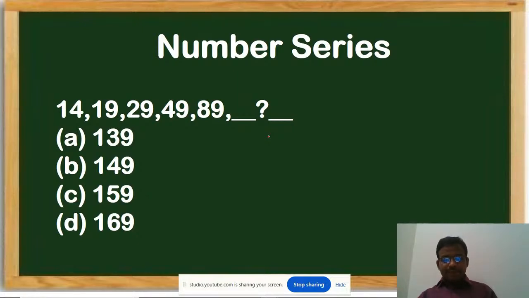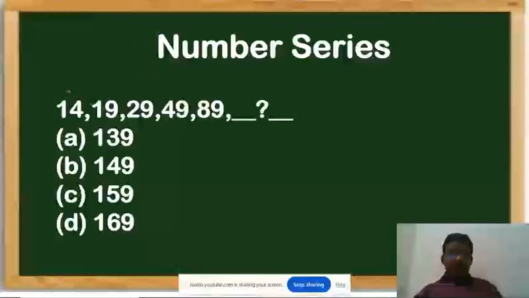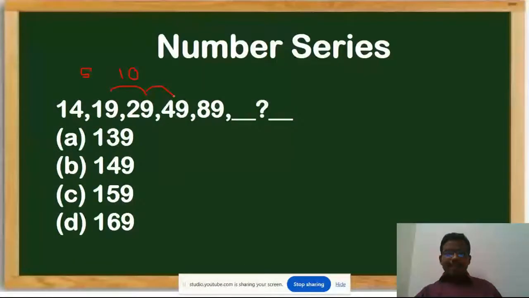For this one, simple one, 14 to 19, 5 is the gap. 19 to 29, 10 is the gap. 29 to 49, 20 is the gap. 49 to 89, 40 is the gap.